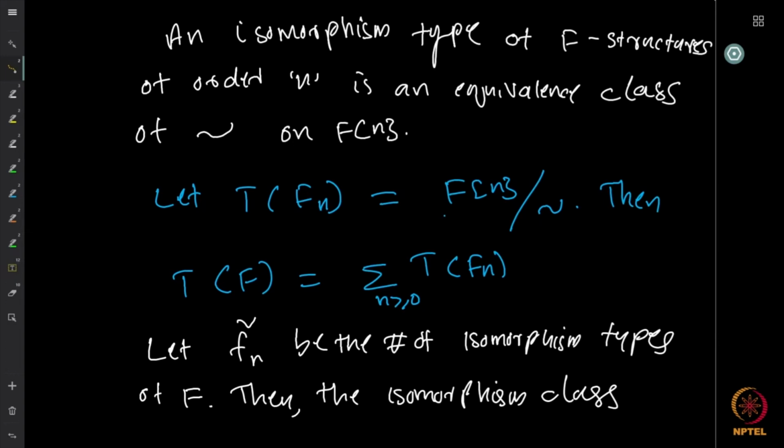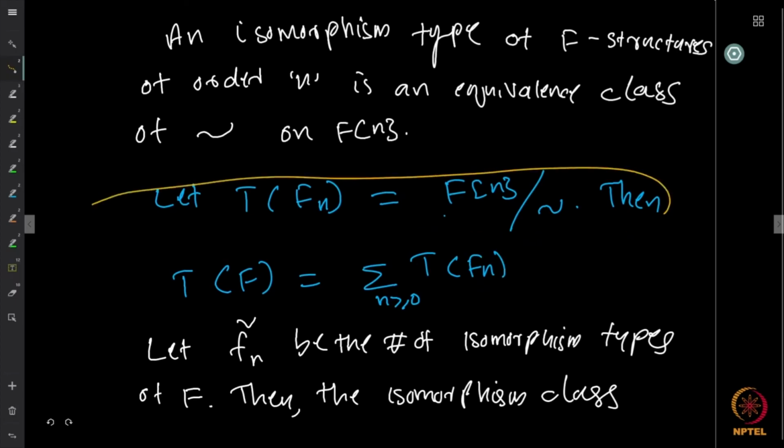This is for an n element set. So for all possible structures, we have T of F, the summation over all n greater than or equal to 0: you take F0, F1, F2, etc., which are structures of type F on an n element set, and then you are looking at the equivalence classes of these structures.